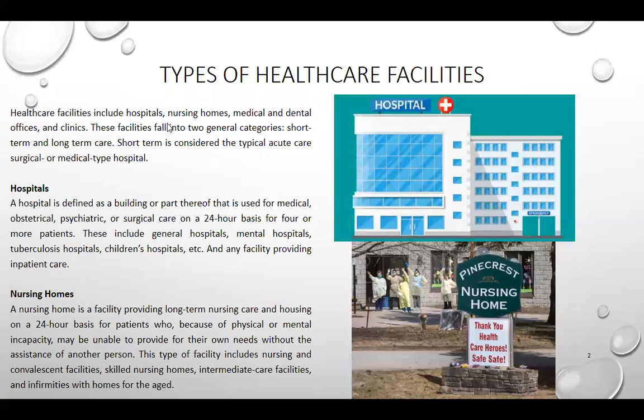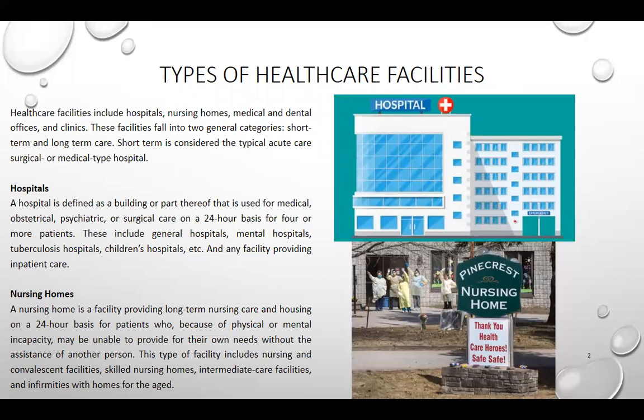So type of healthcare facilities, meron tayong hospital, nursing home, medical and dental offices, and clinics. These facilities fall into two general categories, the short-term and long-term care. Short-term is considered the typical acute care, surgical, or medical type hospital.